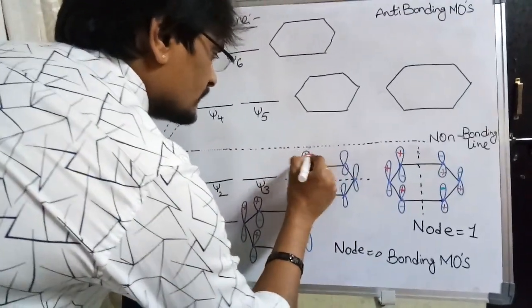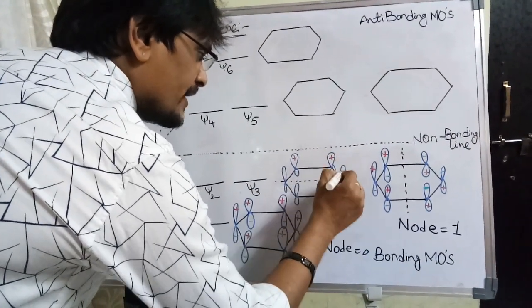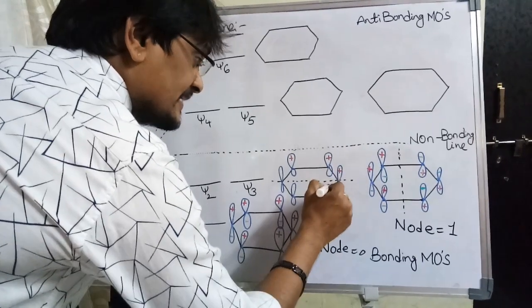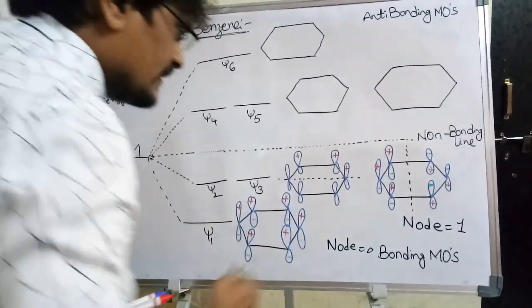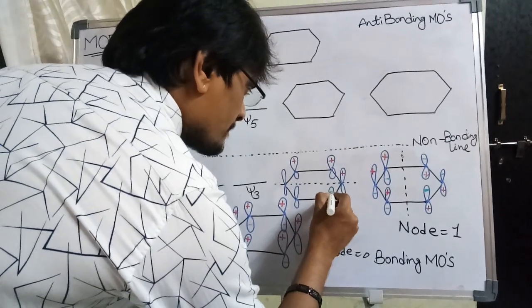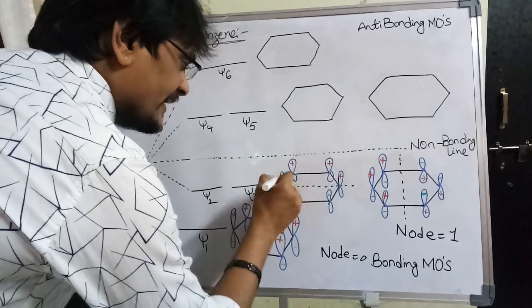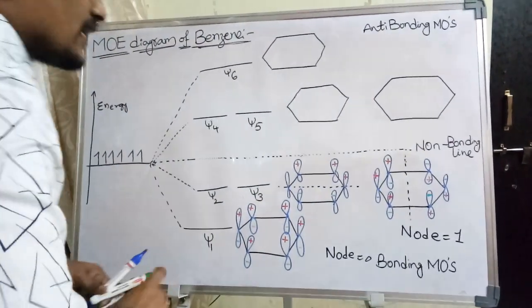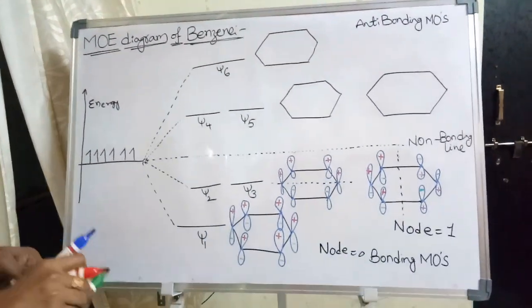Positive, there is no line. Positive, there is no line. Positive, there is a line, so a node has come into the picture. So it becomes negative. Now there is no line, negative. There is a line, a node has come into the picture, so it becomes positive.